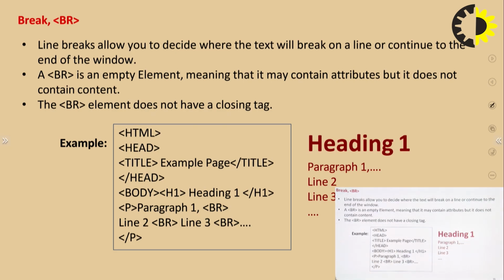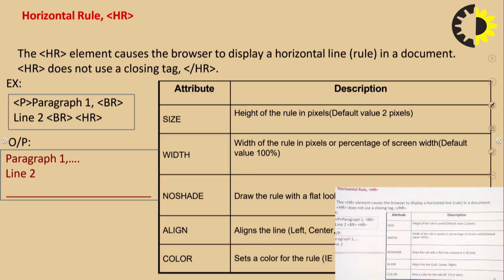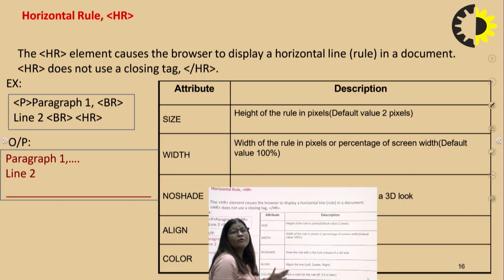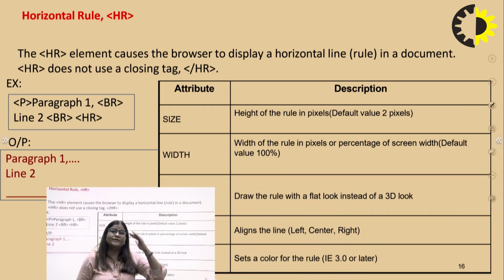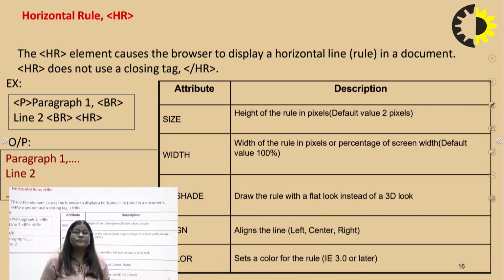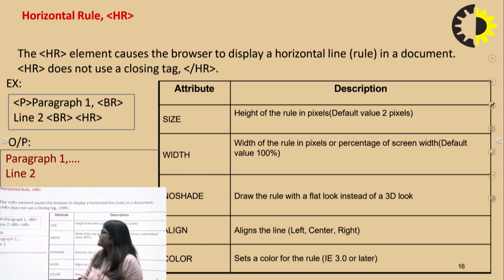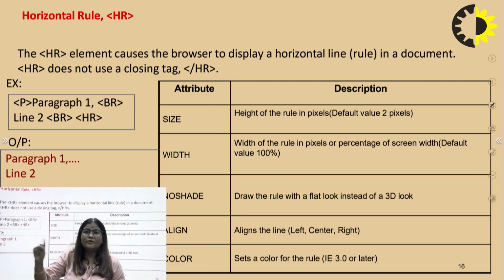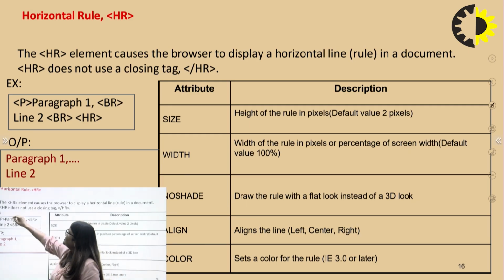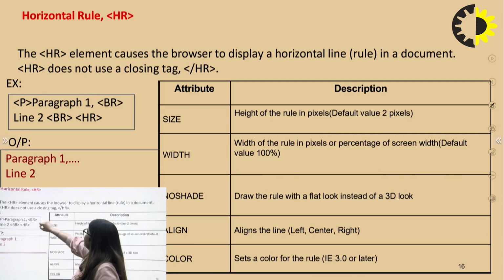Okay. Now horizontal rule. This is a horizontal rule, means if I want to divide my web page into different sections, I can use the horizontal rule. That means on a web browser, suppose this is a browser and I want to divide it into two parts, two sections, divided via a simple horizontal line, then I can use this HR tag. Okay, so this is the HR tag.